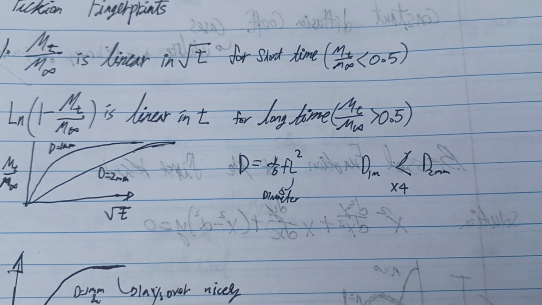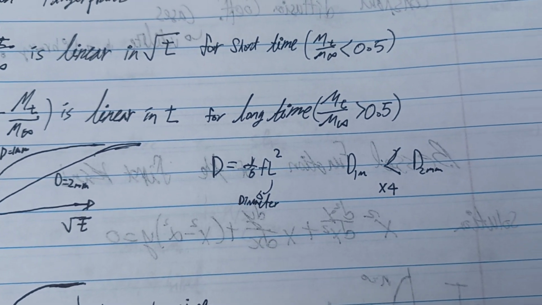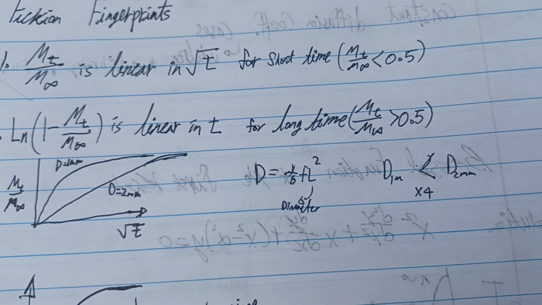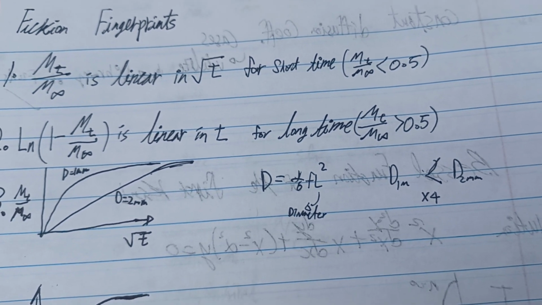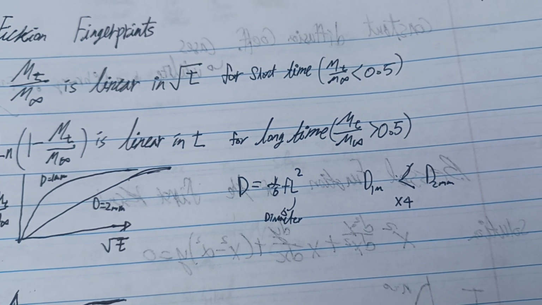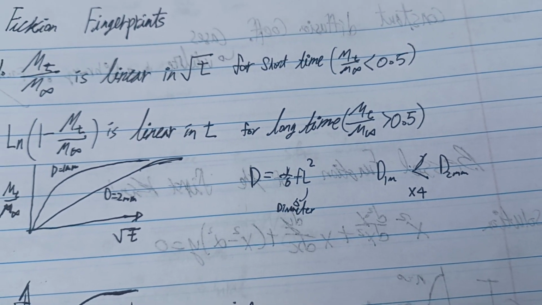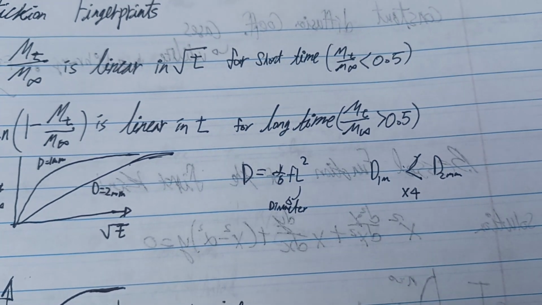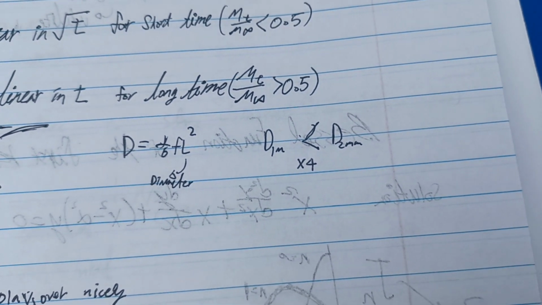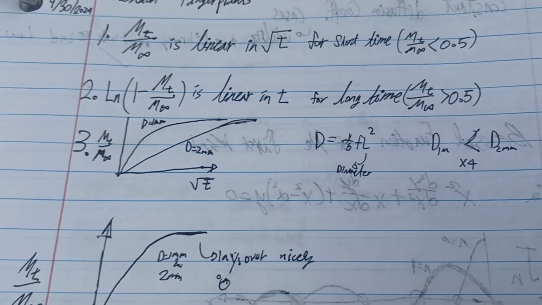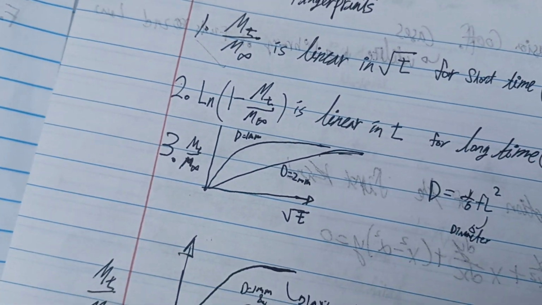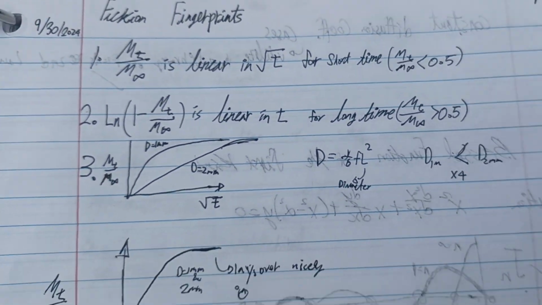In that case, it would be by 4 times. That's because of the diffusivity. Diffusivity in 3 dimensions we can define as 1/6 times the frequency times the characteristic length squared. And because the characteristic length, the diameter, differs by 2, the diffusivity will differ by 4, so that's how much it will differ.